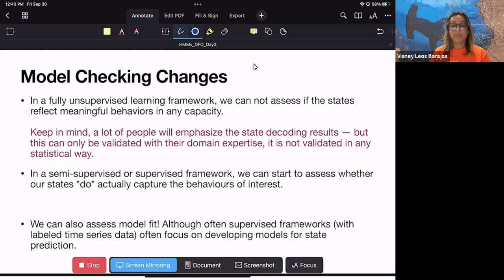In a semi-supervised or supervised framework, we can start to assess whether our states do actually capture the behaviors of interest. We can, of course, also assess model fit, although often supervised frameworks with labeled time series data focus on developing models for state prediction. In a fully unsupervised framework, we can't assess the predictive capacity of the model in terms of the state decoding results. But once we do have some labeled data, we can start to move toward state predictions, or validating the state predictions that we obtain.